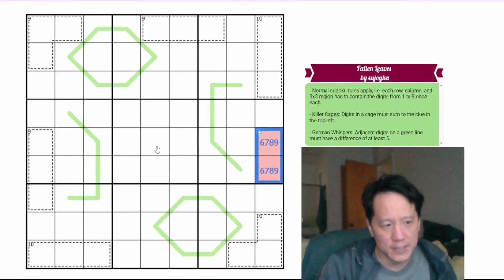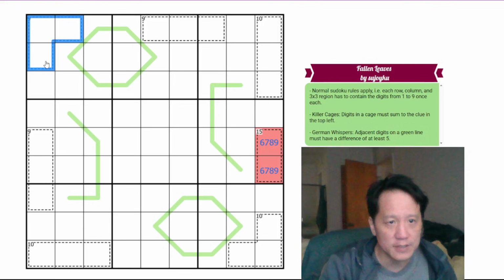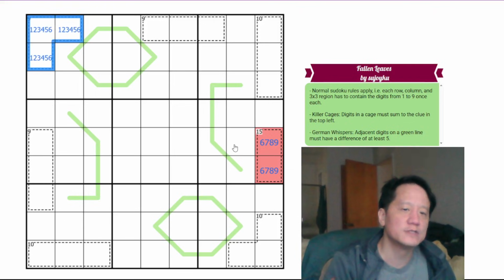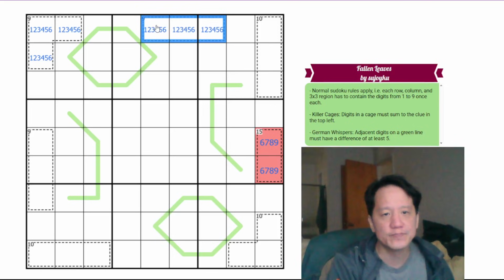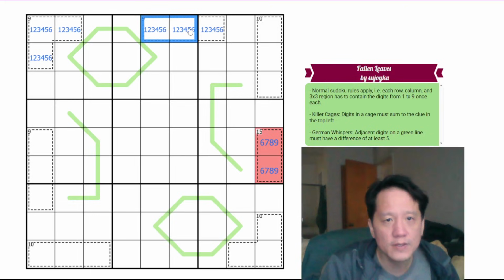To add up to 9, the highest digit you can have is 6.